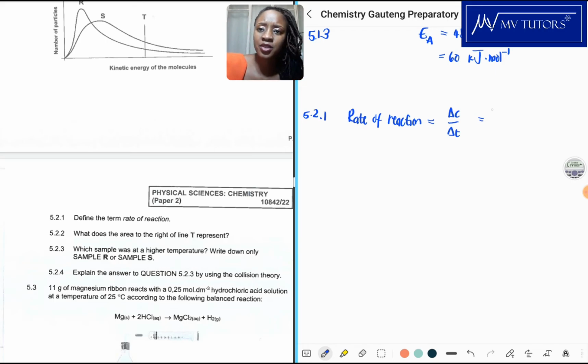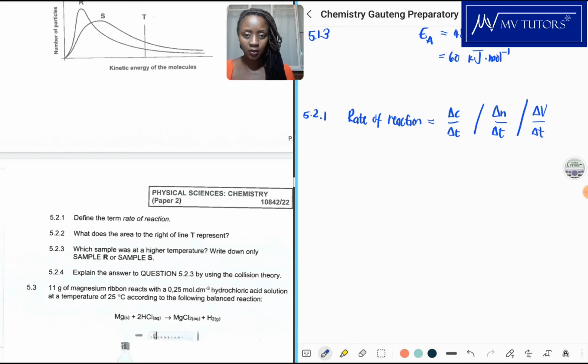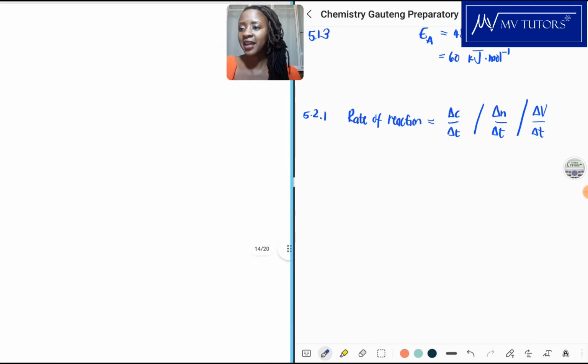Let me not say equal to. Let me not lie. It's not equal to. Could be the change of concentration over time, or the change in the number of moles over time, or the change in volume over time, and so forth and so on. Okay, so I don't know if they have it in the formula sheet.